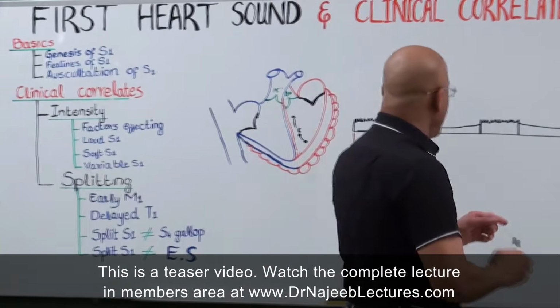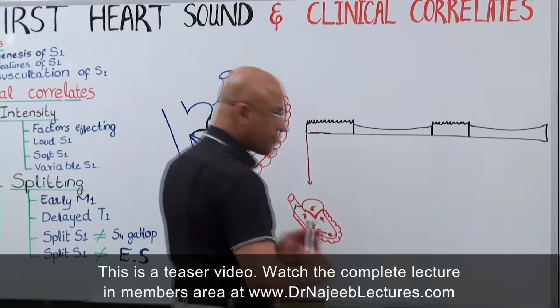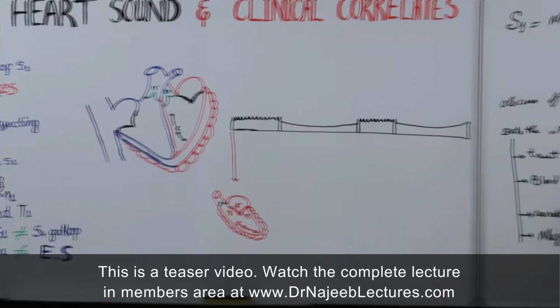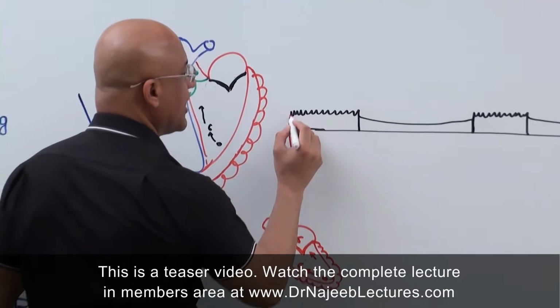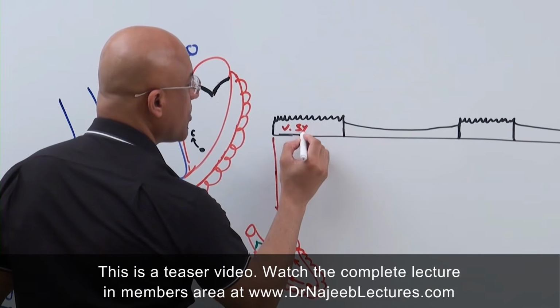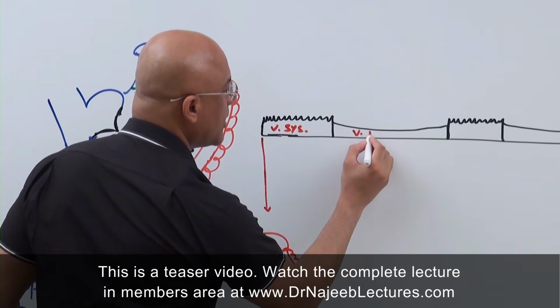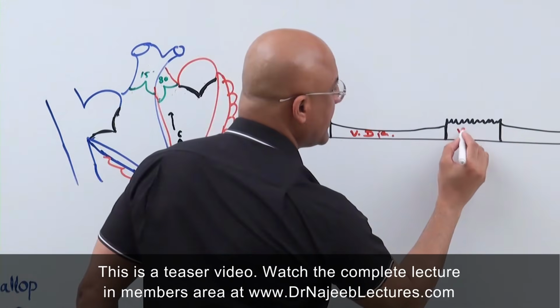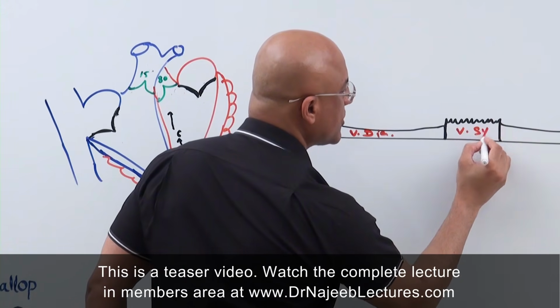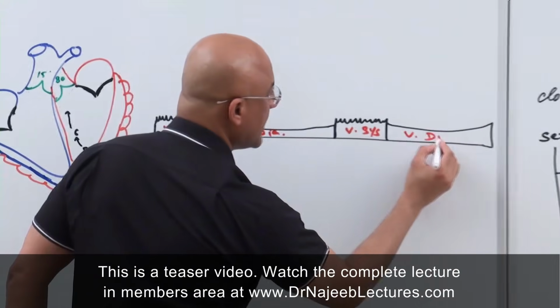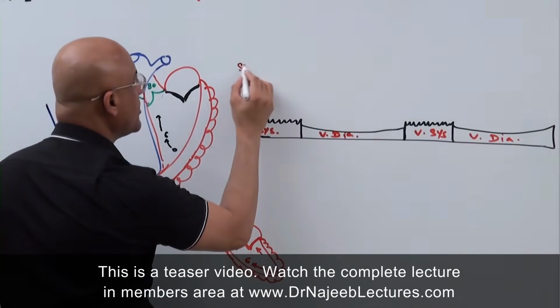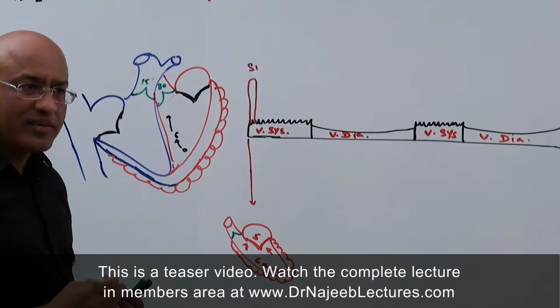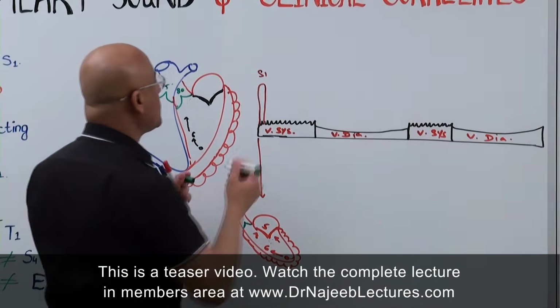Now we can say here that the first heart sound came due to the onset of ventricular systole. So this is ventricular systole. Here is ventricular diastole. Again, next cycle ventricular systole, ventricular diastole. So the first heart sound will be here, S1, but it will have two components.